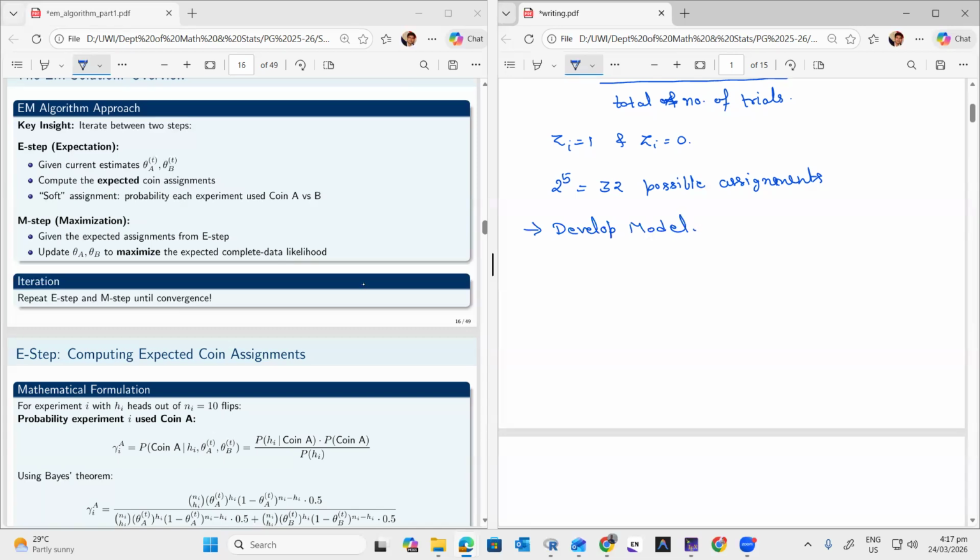We need to assume that, conditional on the coin used, the number of heads in experiment i follows the binomial distribution.